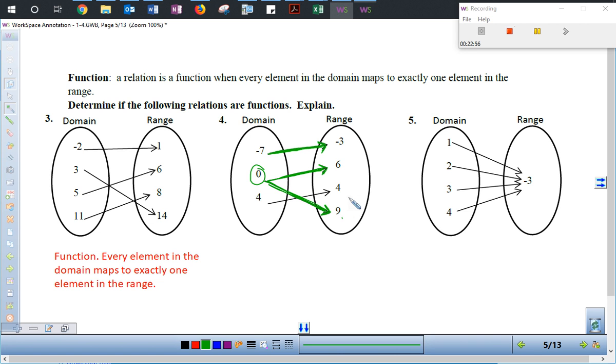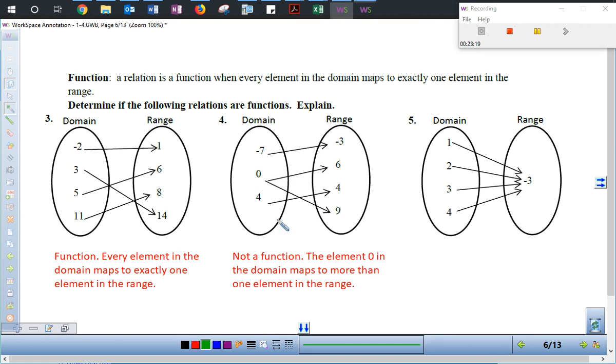So that can't happen because since 0 is paired with 6, 0 can't already be paired with 9. That would be like me partnering up Susie with Jack and then saying Susie needs to be with Amber. That can't happen because I already paired Susie with Jack. So this number 4 is not a function because the element 0 in the domain maps to more than one element in the range.